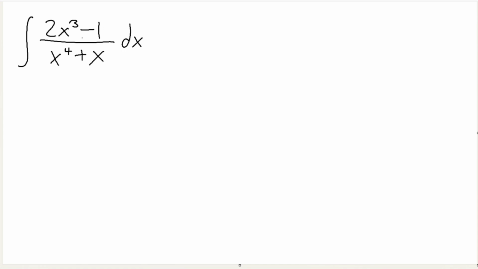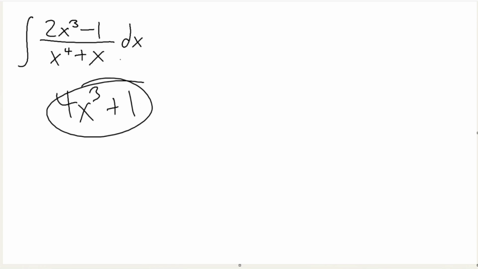This looks awkward, right? Because the derivative of this is 4x cubed plus 1. We have something else that's just disgusting. And if you try to form it like this, you'll end up getting minus 2x cubed minus 2. Right?